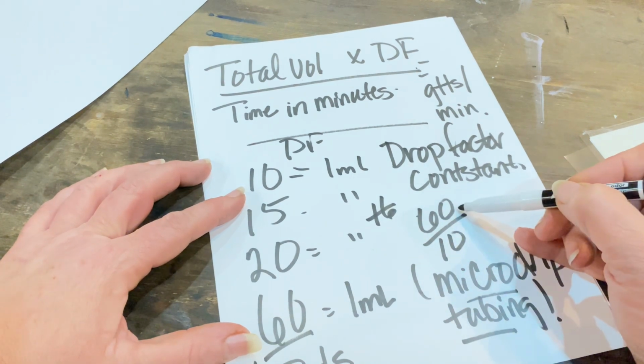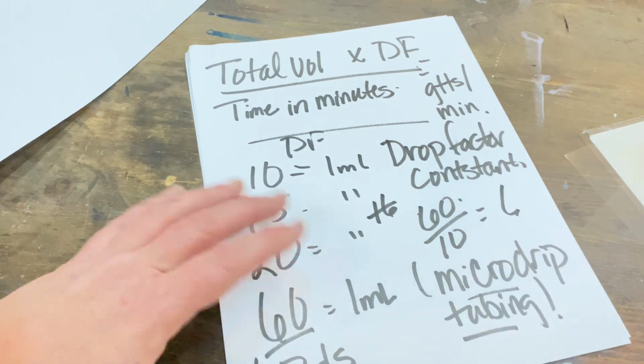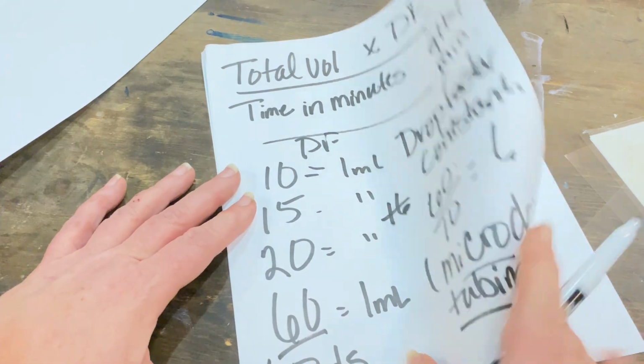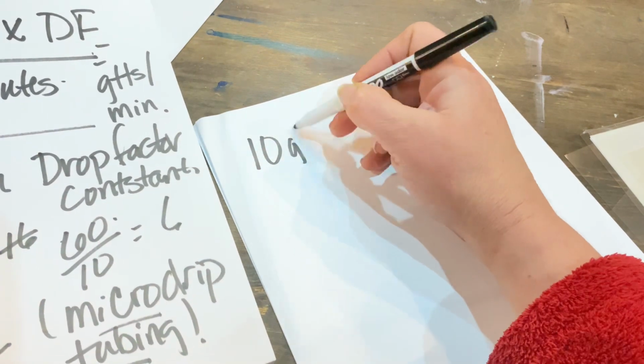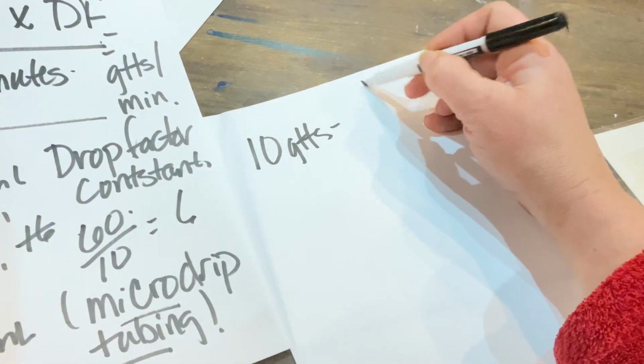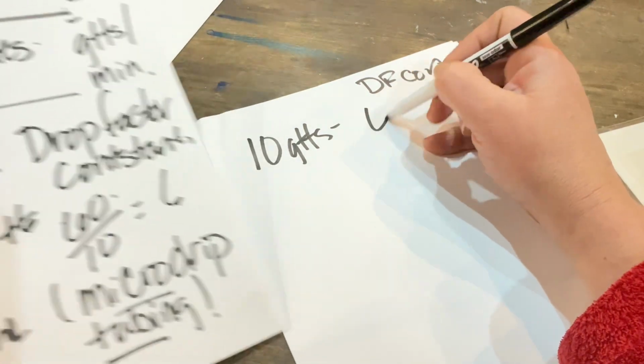That says 60 divided by 10, and that would equal 6. So for a 10 drop factor, the drop factor constant is going to be 6.